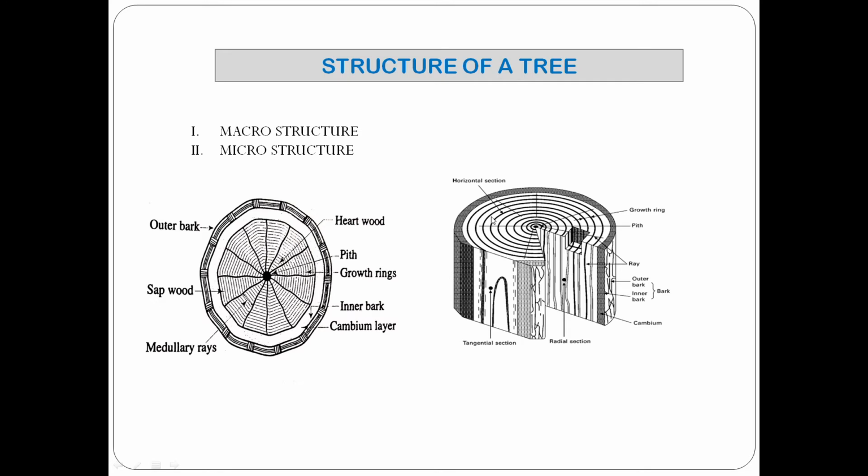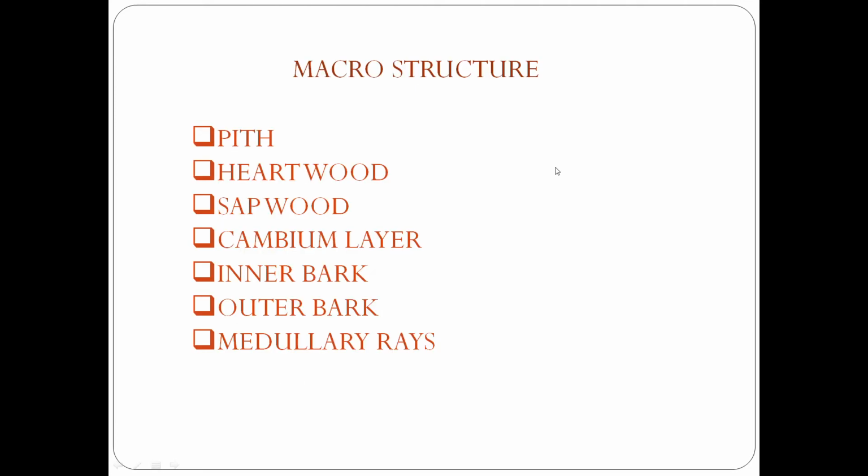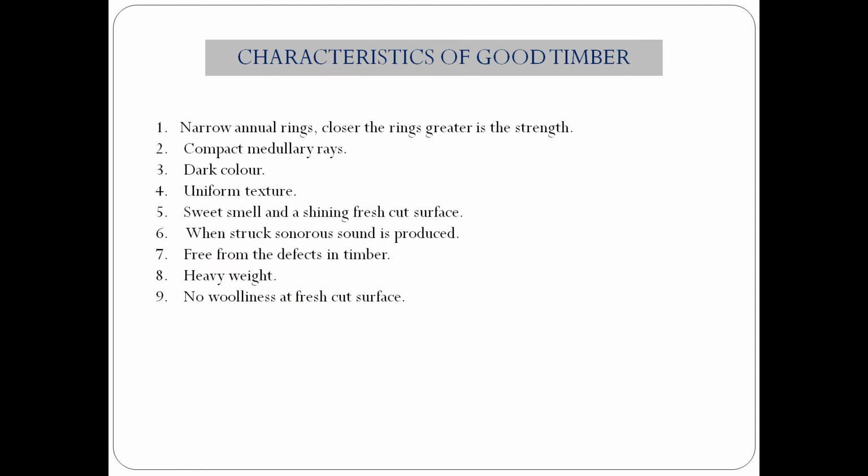Now what is microstructure? The structure of a tree which is not visible to the naked eye is called microstructure of a tree. Now we will move to characteristics of good timber.